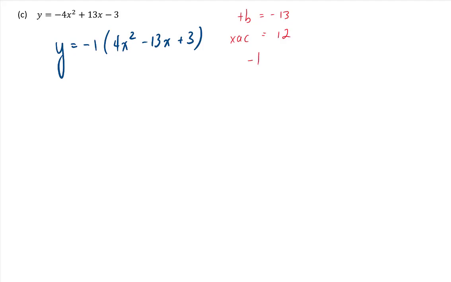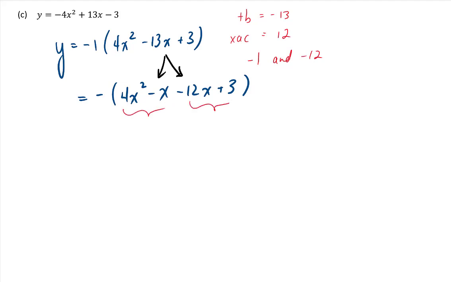Well, here are the two magic numbers, negative 1 and negative 12. Multiply them together and we get positive 12. Add them together and we get negative 13. So for the next line, we get negative 4x squared minus x minus 12x plus 3. So we split up that negative 13 into negative 1x and negative 12x.